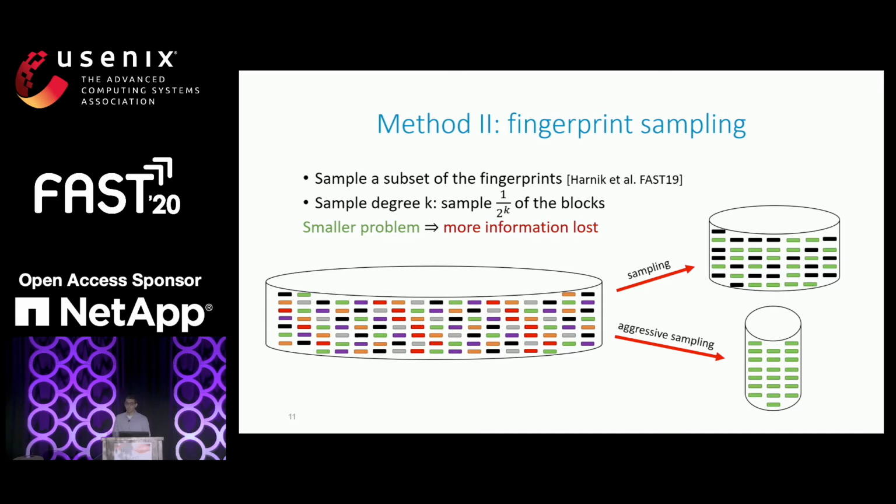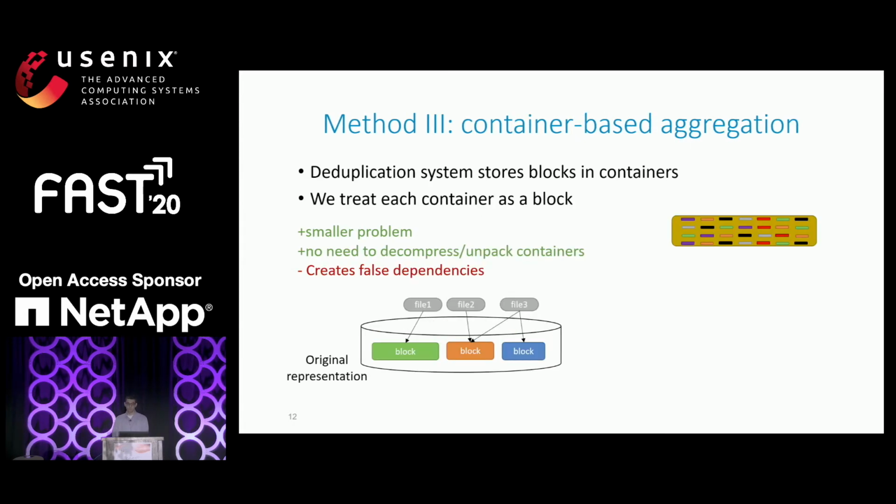We define a sampling degree of k as sampling just half to the k of the system's blocks. By tuning the parameter k, we can achieve a smaller problem that will reduce the time the solver takes to output the solution. But on the other hand, we are probably going to lose more information, so we need to be careful with this.